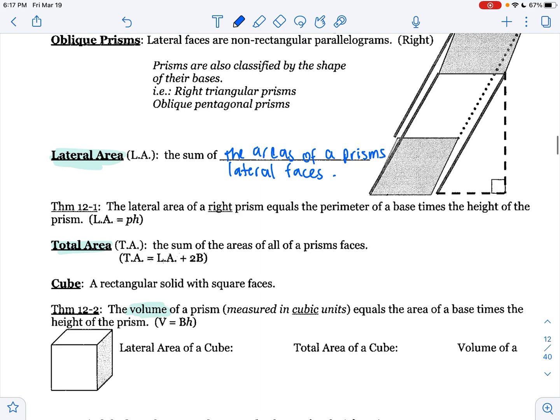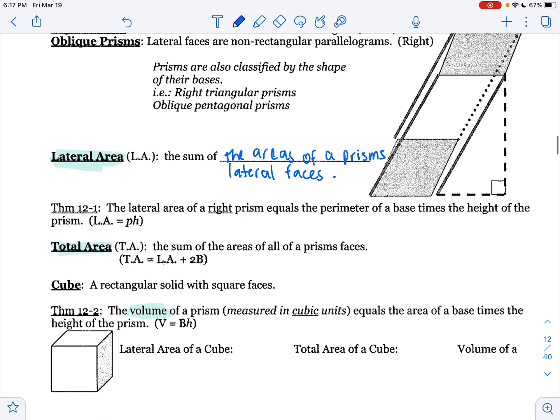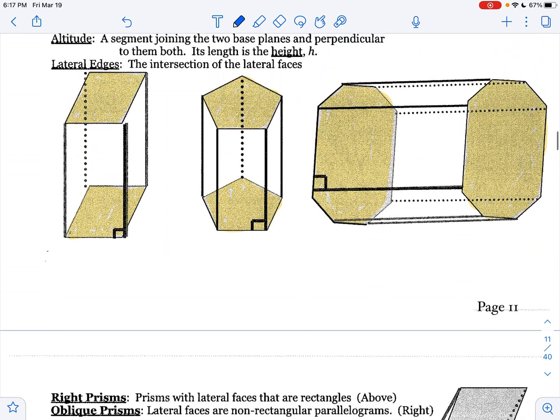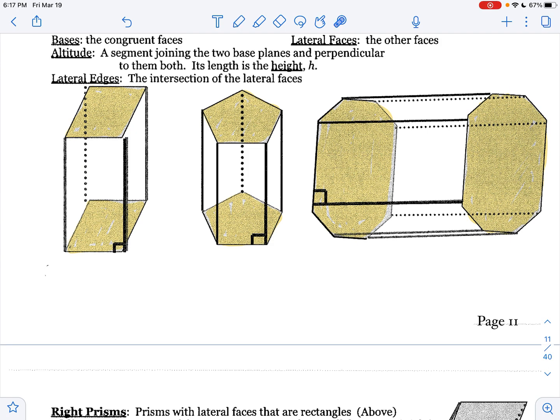So if we take a look at an example of what that means, as I highlight this, let's focus on the far left figure. We're going to take this rectangle here, add its area to this rectangle here, add it to the back rectangle, and then to the left rectangle. So in other words, we would need the base and then the height of each one of the rectangles.